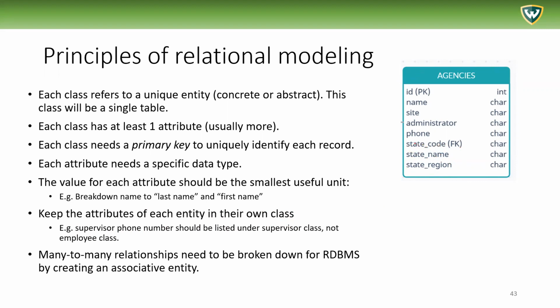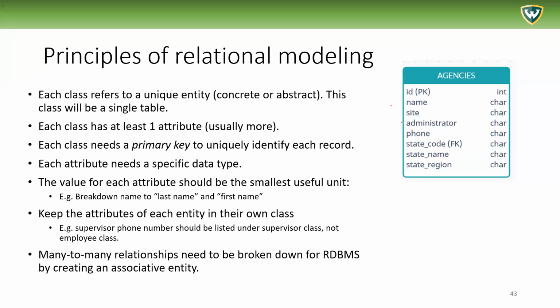We do need to put the state code here, as we talked about before, because that links this table with the states table, the table of information about the states. But all the other information here, state name, state region, these are attributes of the state.